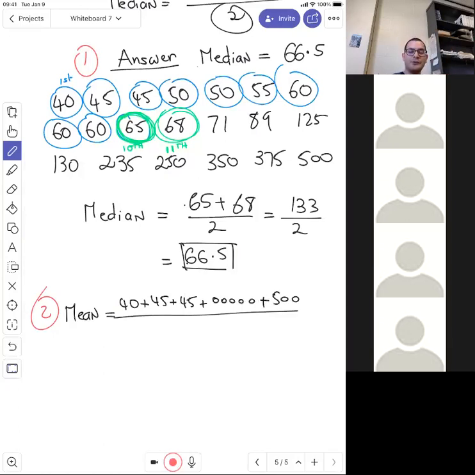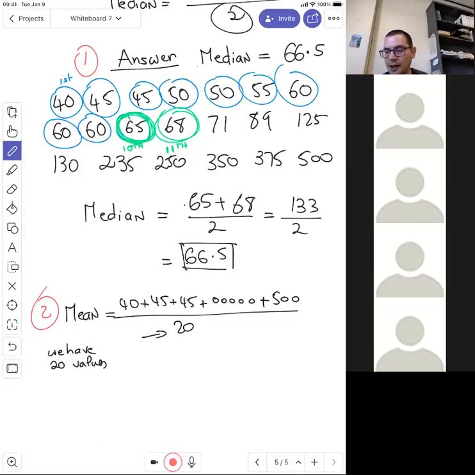Now we need to divide by the size of the sample. We have 20 values, so we divide by 20.